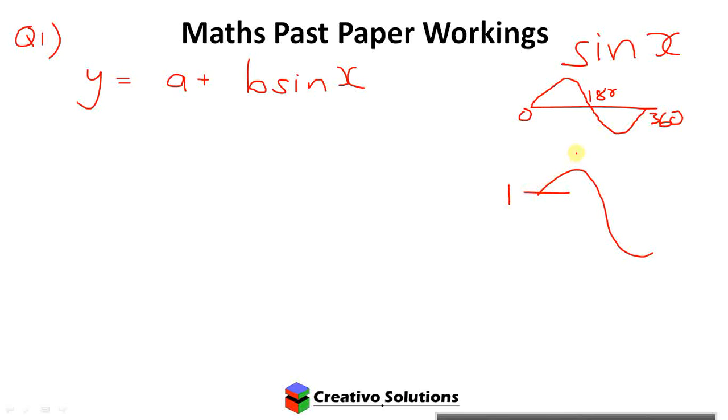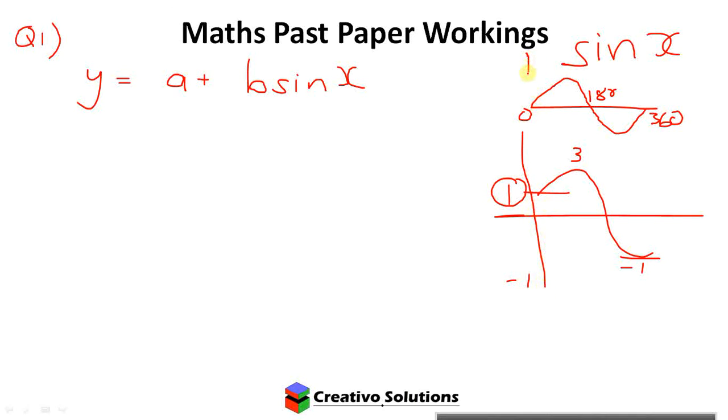It goes up to 3 and then down to minus 1. So the halfway point here would be 1, and minus 1. It goes up to 3. I'm looking at the y-axis.